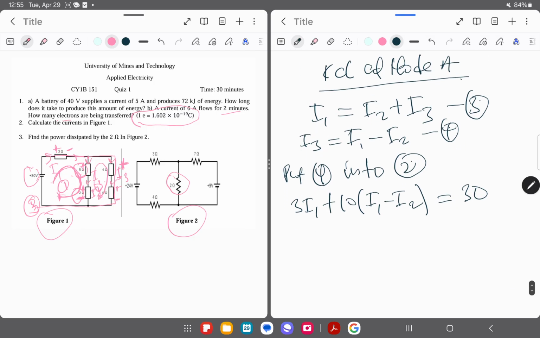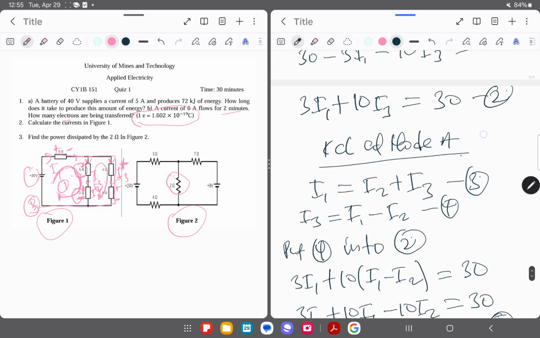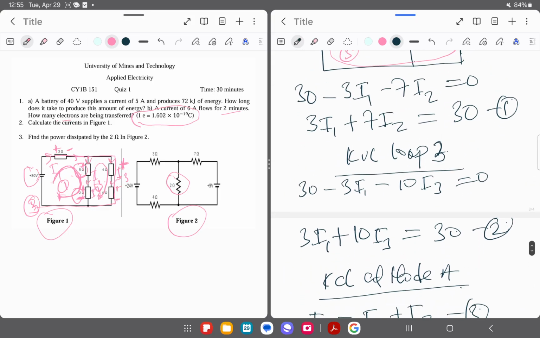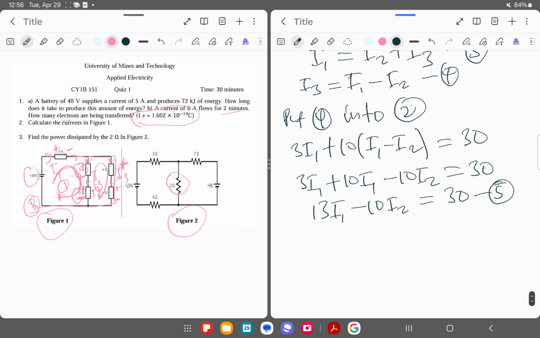Here we expand, so we have 3I1 plus 10I1 minus 10I2 equals 30. When you simplify, we get 13I1 minus 10I2 equals 30. We label this as equation 5. If we compare equation 5 and equation 1, we have I1 and I2 in both equations.